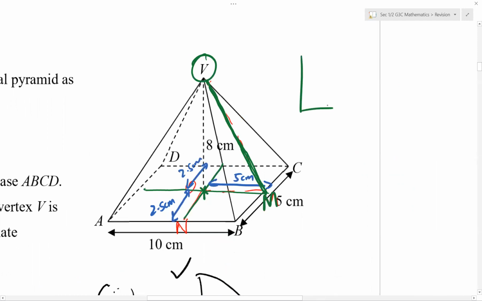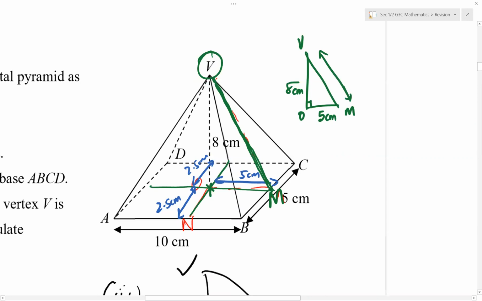We can actually form a right angle triangle, and this will definitely be useful later on. So extract the triangle because it's going to be too cluttered. Call it O for the center, midpoint M, and we know that this has the distance of 5 cm, 8 cm. Later on, I'm sure we'll need to find this slant height. Okay, we keep that for later. I think that one will be a few parts down the question.